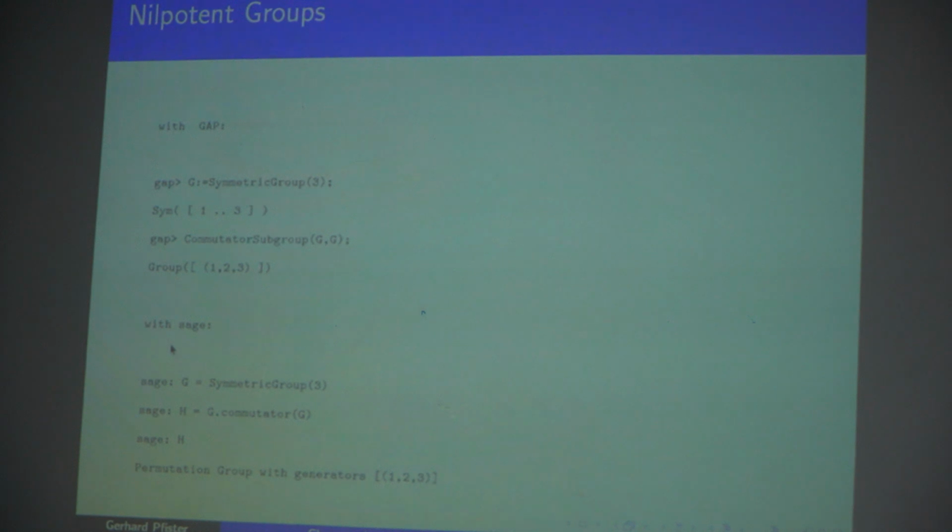In the second part of the slide, you can do it with SAGE in a similar way, and you obtain that it stops at the permutation group generated by (1,2,3), and that is not the trivial group. So you see there are a lot of systems handling finite groups, and you are invited to try.